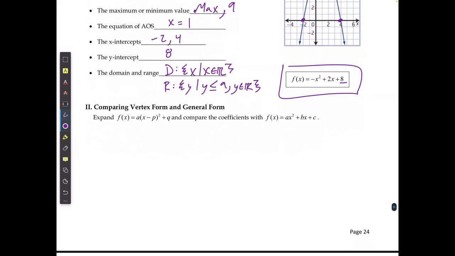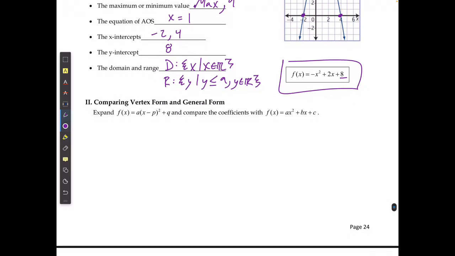If I'm comparing the vertex form and general form, I can expand out the vertex form to see how the different values relate to the a, b, and c, or the coefficient of x squared, the coefficient of x, and the constant term of my general form. So the first thing I'm going to do is square out the x minus p, and I'm going to say that f of x is equal to a bracket x squared minus 2px plus p squared.